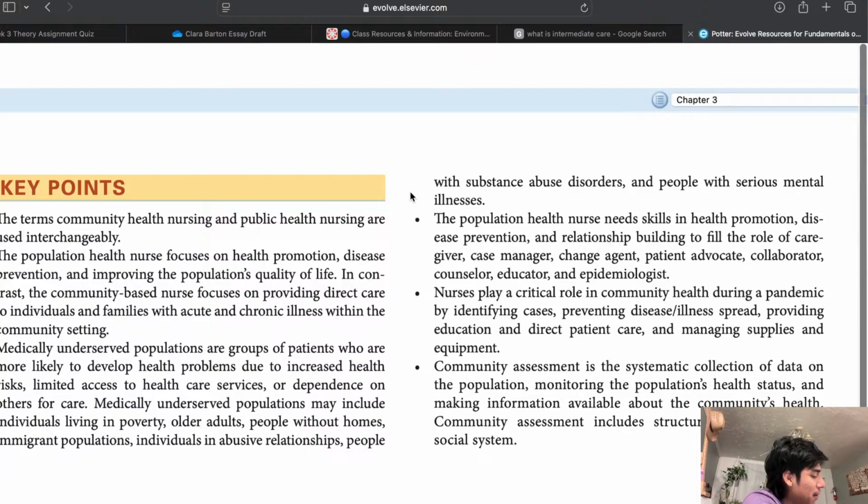Anywho, achieving healthy populations and communities. So we've got the Healthy People Initiative, which was established by the U.S. Department of Health, which kind of just identifies health indicators and sets goals. So that's where we get Healthy People 2030. We kind of talked about that in class too, which is pretty cool.